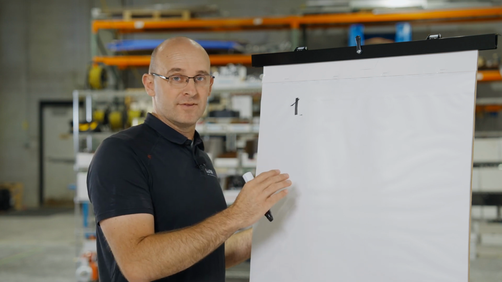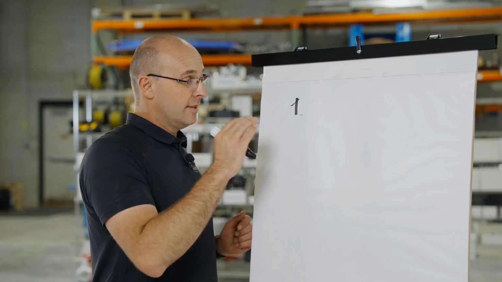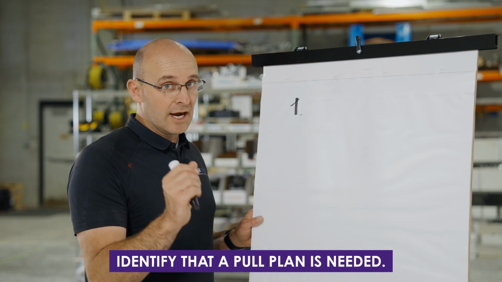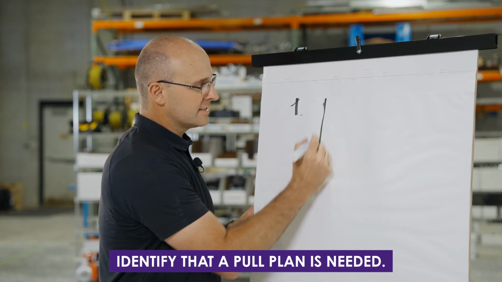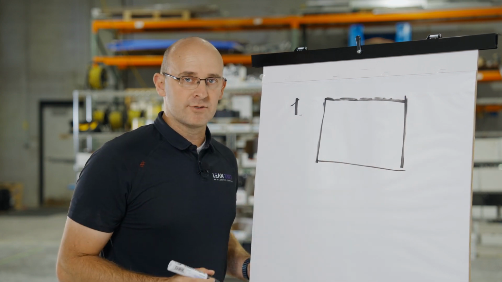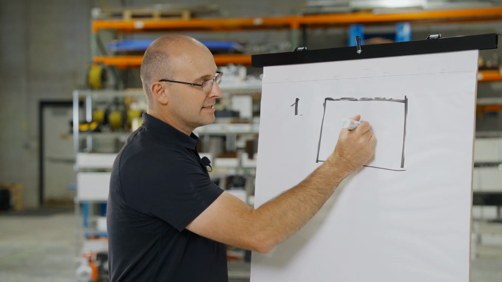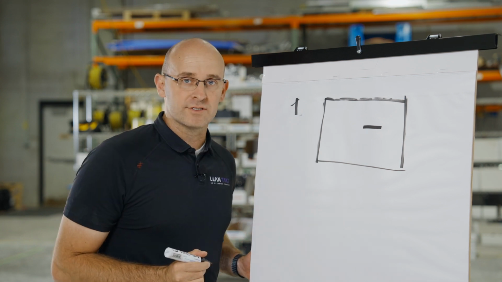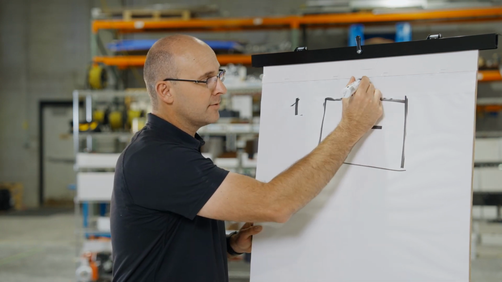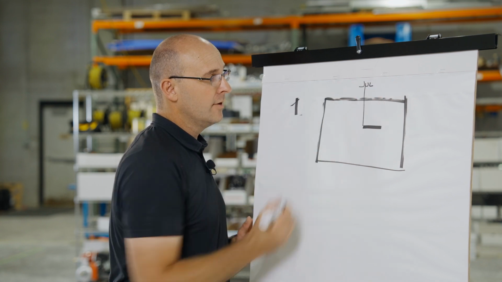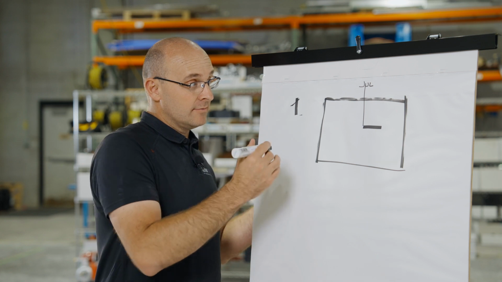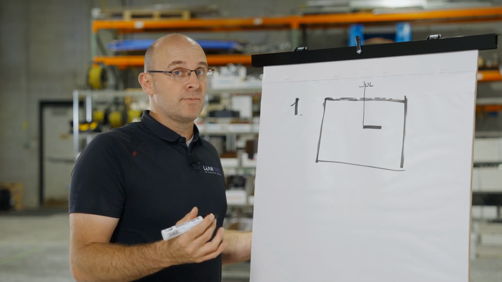The first part of this is to identify that a pull plan is needed in the first place. So here's how I like to do it. If you have a schedule, and on that schedule, whether it's a CPM schedule or a takt plan, if an activity or a phase of work is going to happen, let's say for instance, in July, I want to know months ahead of time that I need to do this pull plan with the team.